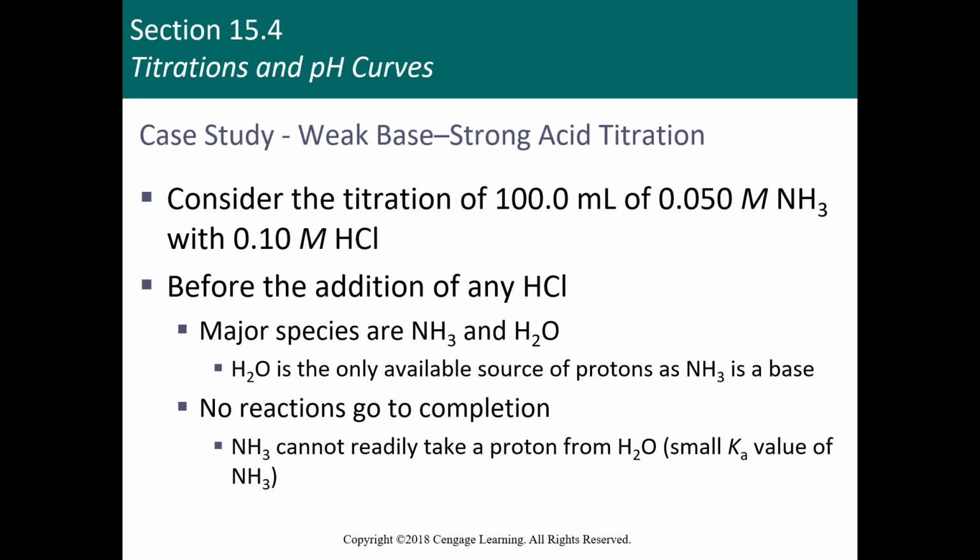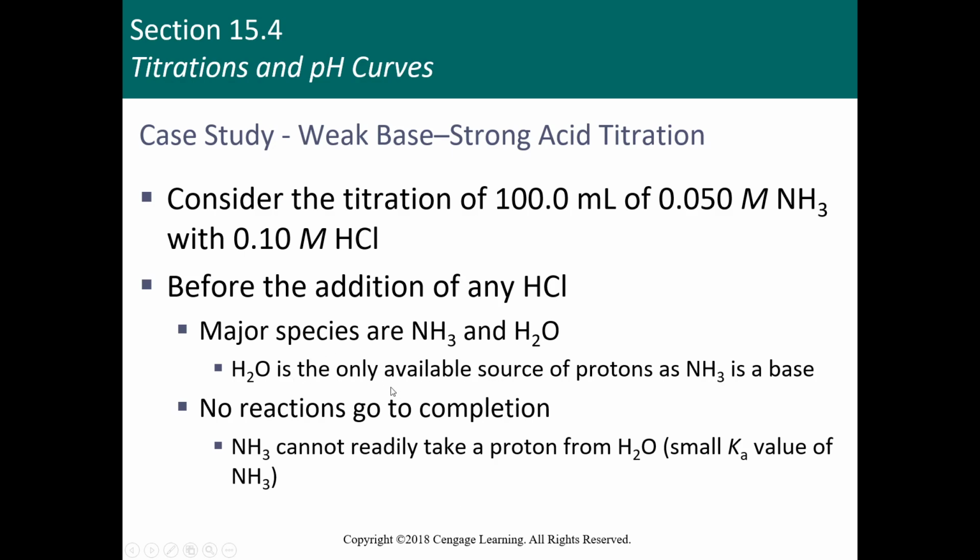Okay, so we're going to go on to the weak base strong acid titration. And we're going to consider this titration of 100 milliliters of 0.05 molarity NH3 using that strong acid, which is 0.1 molarity HCl. So before we add any HCl, our major species are going to be our NH3 and our water.